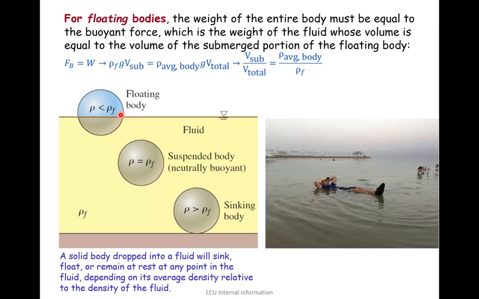If the density of the object and the density of the liquid are the same, it is suspended in the water. However, if the density of the object is greater than the density of the fluid, the object will sink. For these two, the buoyancy is the same. However, for this one it is less because only this portion is submerged.